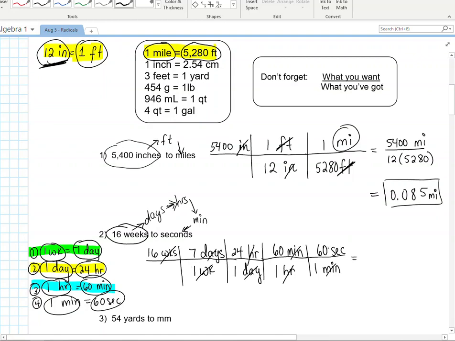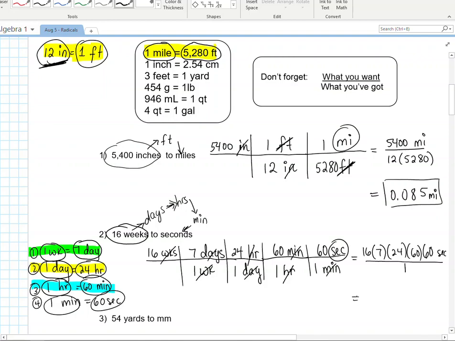So now weeks cancel, days cancel, hours cancel, minutes cancel, and we have seconds. Now you just collect all the numbers: 16, 7, 24, 60, 60, over 1. All the units are canceled. The only thing that remains is a 1.